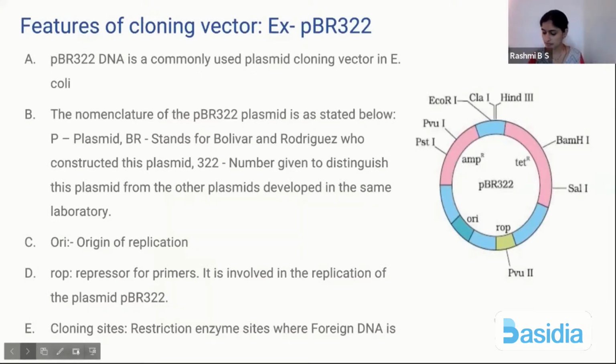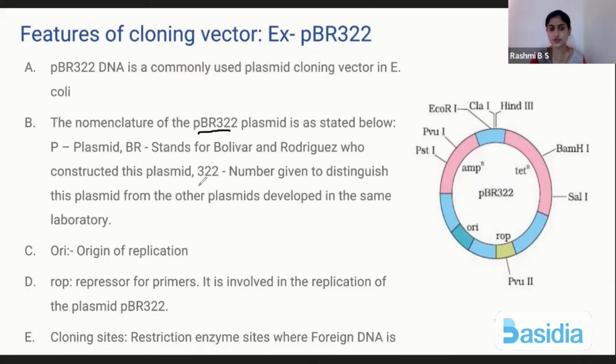Yes, W beta, this slide is for you. As you requested, I am giving you full information on the nomenclature of pBR322. P for plasmid, BR refers to the scientists who discovered it, Bolivar and Rodriguez. Okay, 322. Beta, Bolivar and Rodriguez were working in a laboratory.